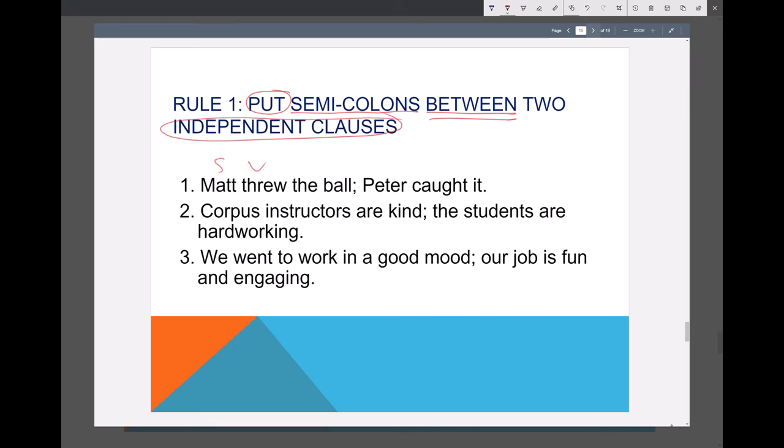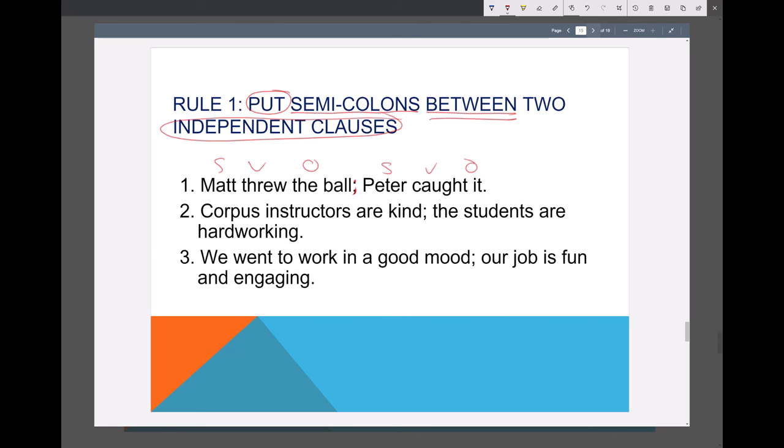Matt threw the ball. Peter caught it. These clauses are related but independent. They can be sentences on their own. Matt threw the ball. Can put a period there. Peter caught it. Can also be its own sentence. But if you put them together as independent clauses, without a conjunction like and, you use the semicolon.